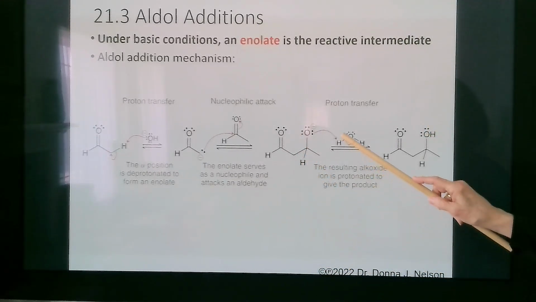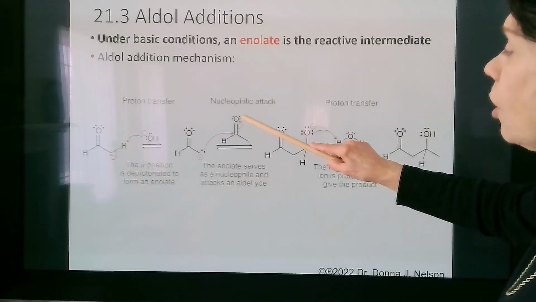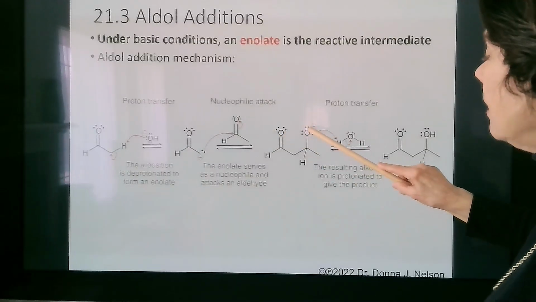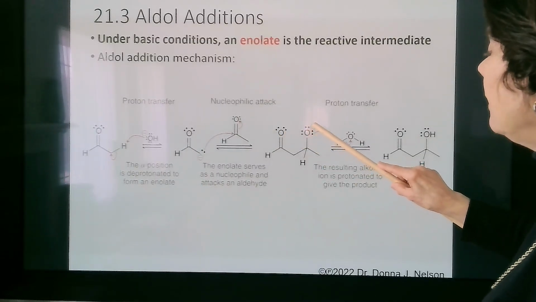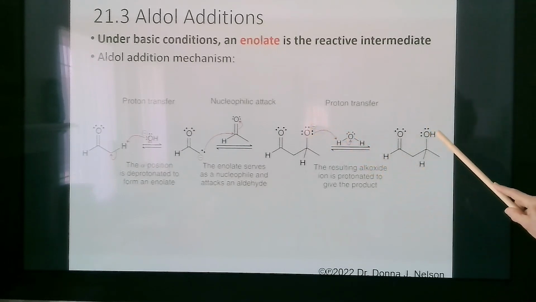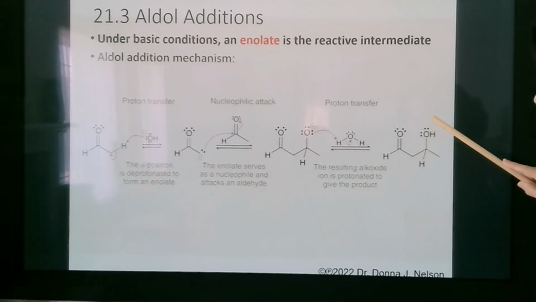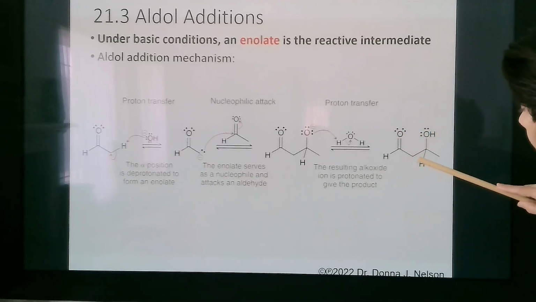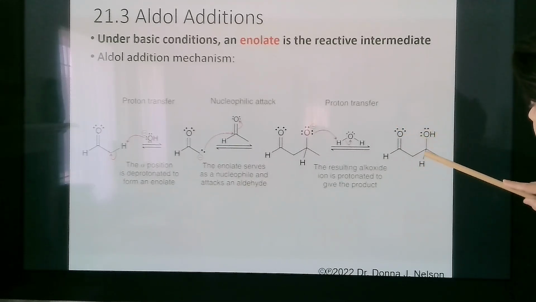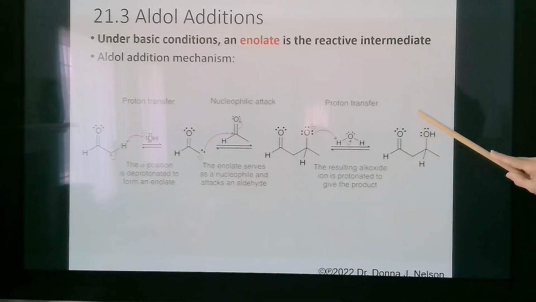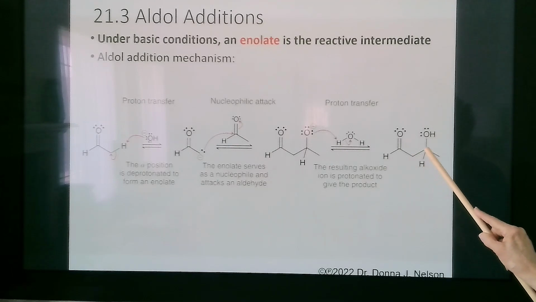And then a negative charge is generated at this oxygen atom, and so then that oxygen is protonated to give you the alcohol. So here's the aldehyde, and this is the alcohol. 1 aldehyde, and this is the second carbon skeleton for the aldehyde. So you can see the 2 molecules have become joined together at that carbon-carbon bond.